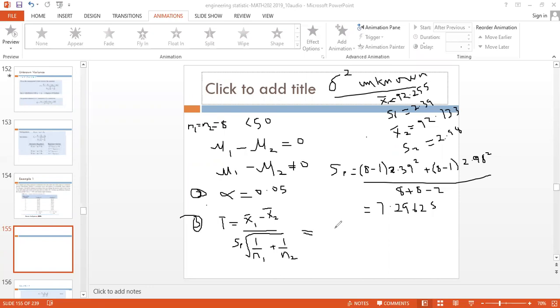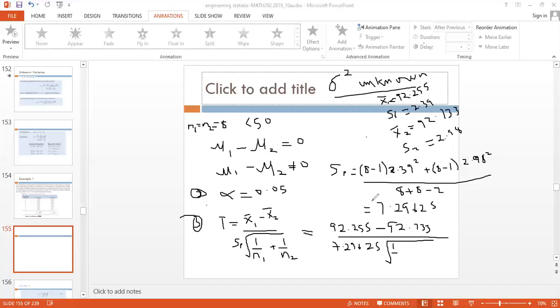This will be x1 bar, 92.255, minus x2 bar, 92.733, over our output, 7.29625, times the square root of 1 over... oh sorry, we didn't find the square root of it.